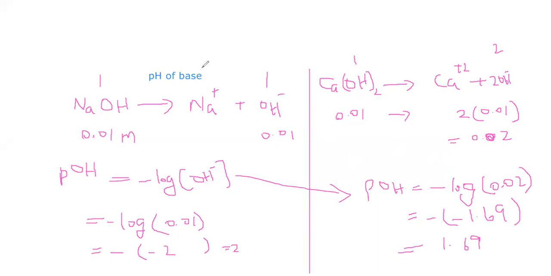Now you can also convert this pOH into the pH. So the first step is to calculate the pOH, and then you can convert it, and I am using a very simple formula because the scale total: pH plus pOH will be equal to 14.